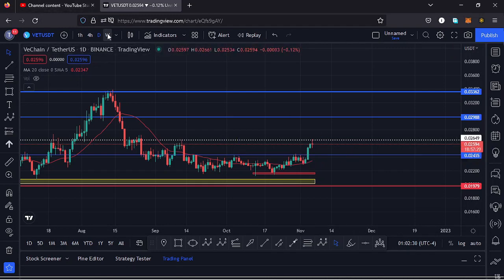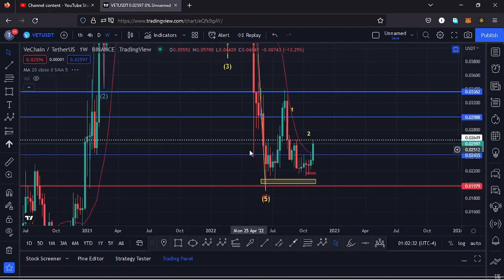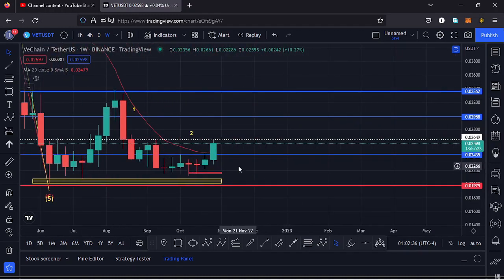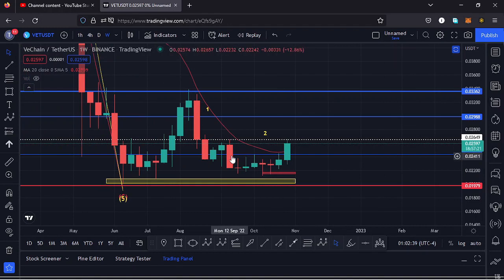And if I jump to the weekly chart so that we can see what we have here on the weekly chart also, you can see we had been trading to the lower side, and at some point you can see here we have weekly candlesticks that have small bodies and longer wicks, meaning the selling volume has been decreasing over the weeks, and that's why we are seeing some candlesticks to the upper side.